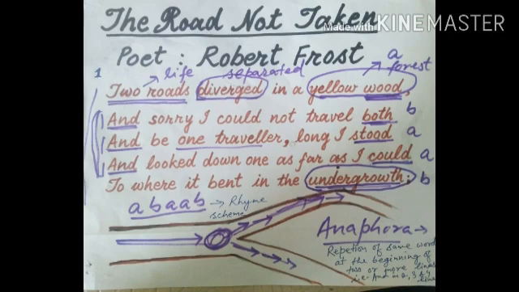The path which we have chosen decides our destination, our goal. The important message that the poet wants to give us is that we must be very careful in making our choices because our decision or choice has an impact on our future.